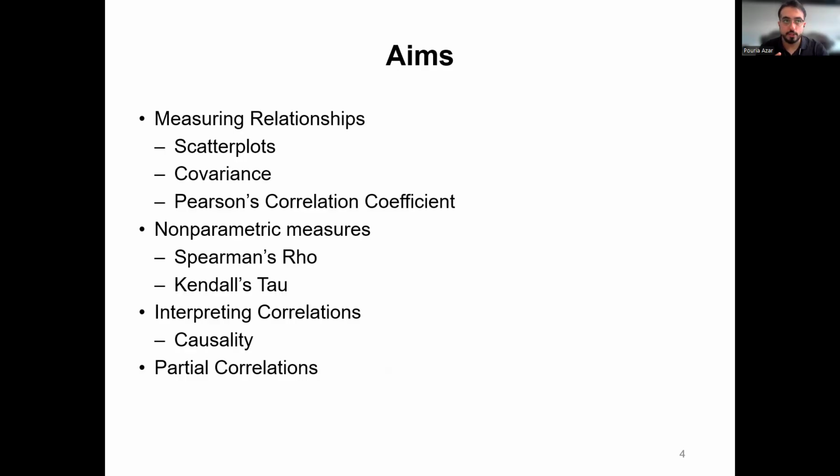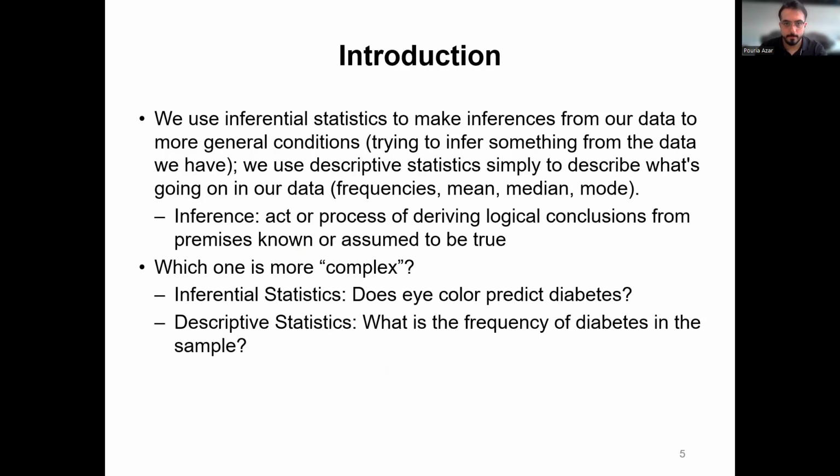When we measure relationships, we do not measure or evaluate causality here. We just want to see if there is any association or relationship between two variables or more than two variables. Also, we will talk about partial and semi-partial correlations.